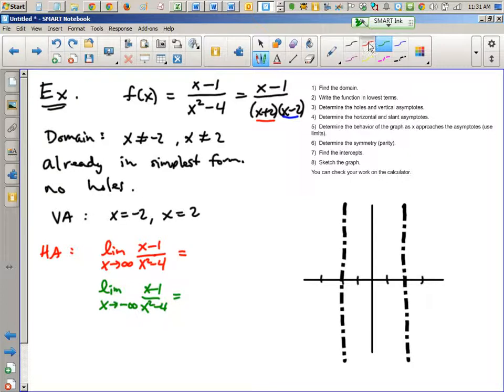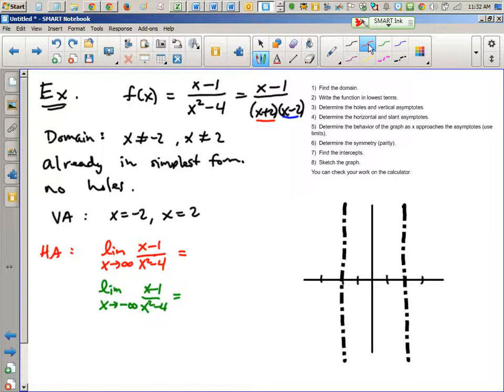Remember? With the top, the x and the 1, you're just asking which term has the larger absolute value. Let's say if you plugged in x equals 1 million, is it a million or is it negative 1? Which one has the bigger value? Obviously a million. So x is the dominating term in the top.